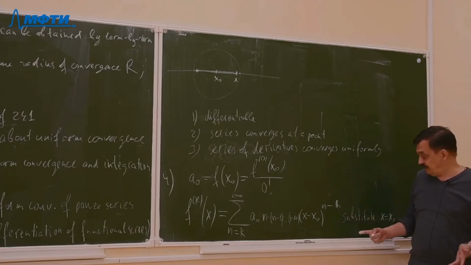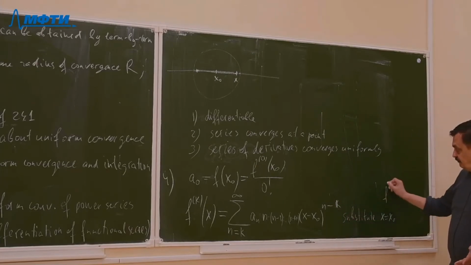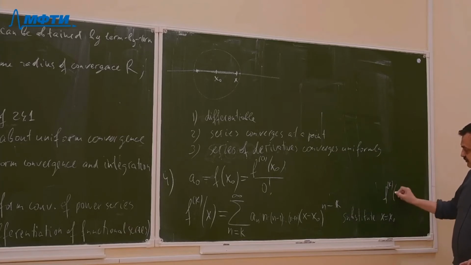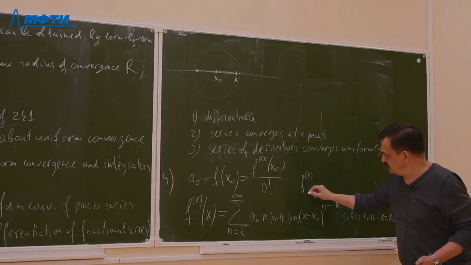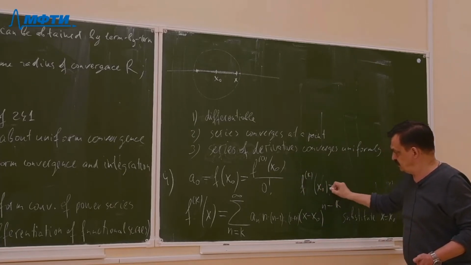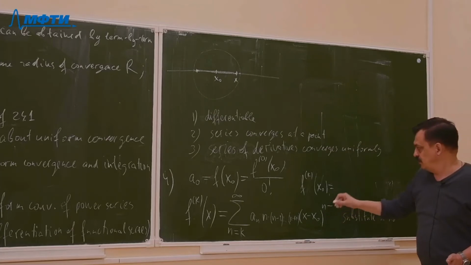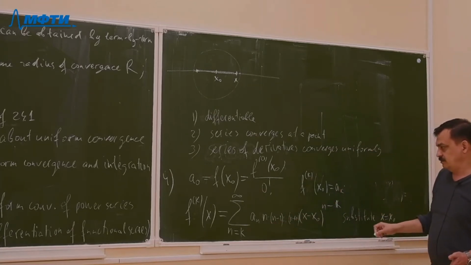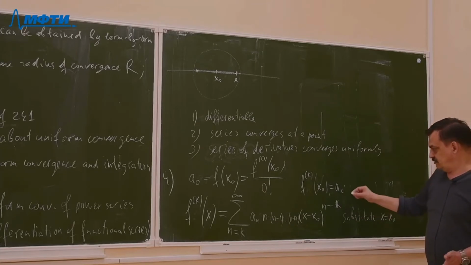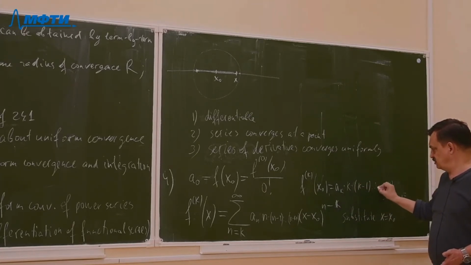So what remains? The kth derivative of f at x naught equals a k times, for n equals k, k times k minus 1 and so on.